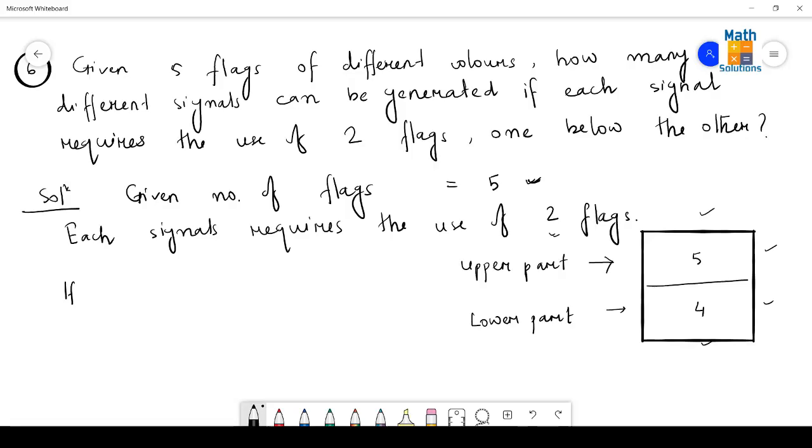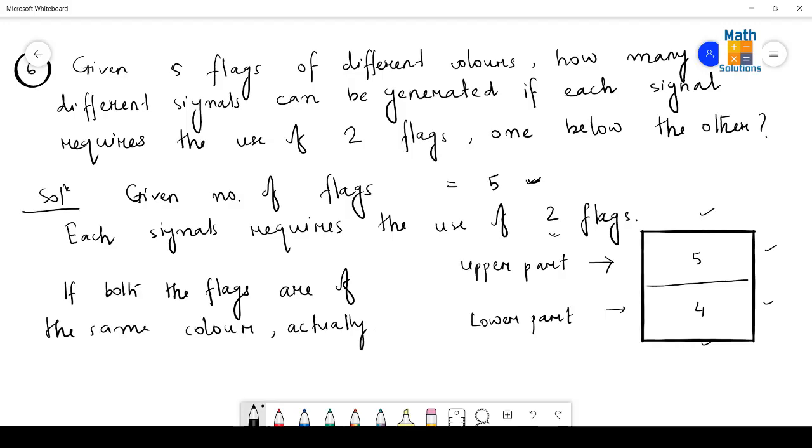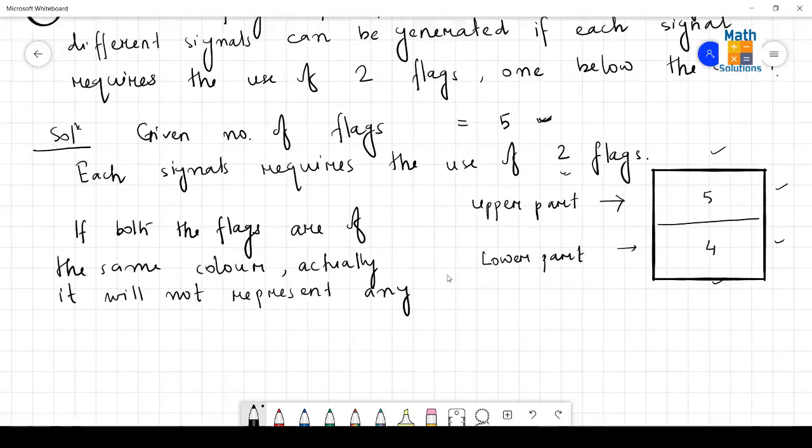If both the flags are of the same color, it will not represent any signal properly.